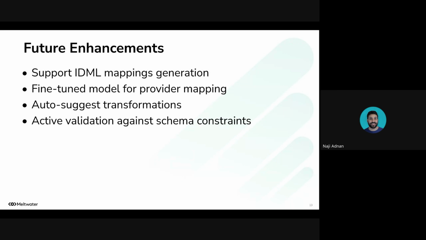Another thing could be smarter transformation, like auto-suggesting transformations, like formatting, maybe how content could be split or parsed or combined. That's also something that can be trained to do, to enable complex mappings.